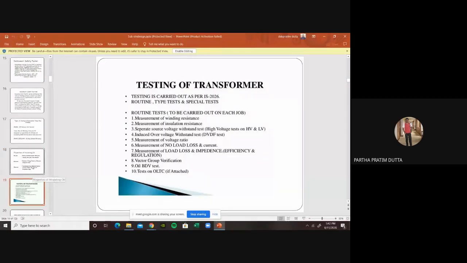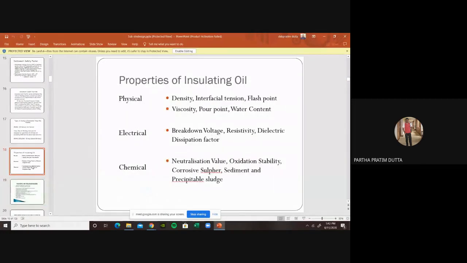Then we will talk about the insulating oil. That is very important. While procuring or choosing the insulating oil for transformers, we usually go for three properties: one is physical properties, second is electrical properties, and third is chemical properties.